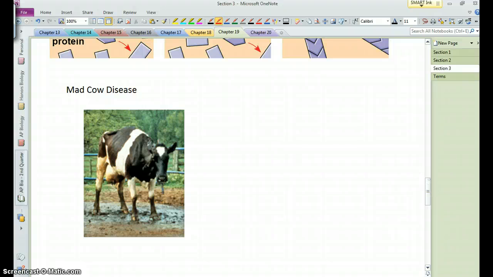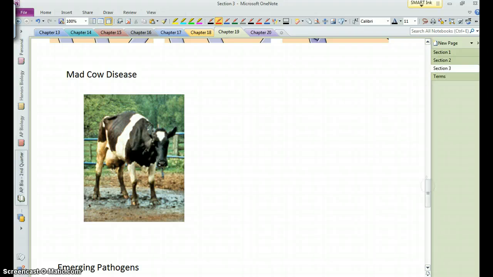In cows, in the 1980s, there was an outbreak because the facilities that processed the cows took basically the waste material, the leftovers from the cow, which included parts of the nervous system, basically ground it up into a supplement that was then fed to other cows, and the prions were transmitted that way.